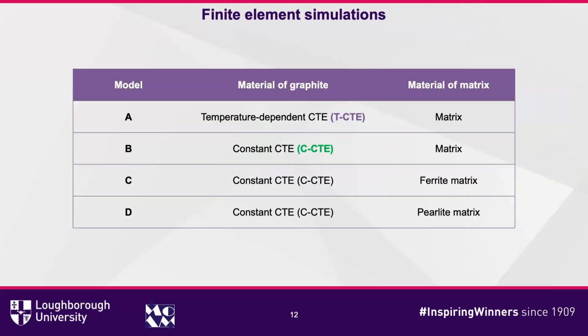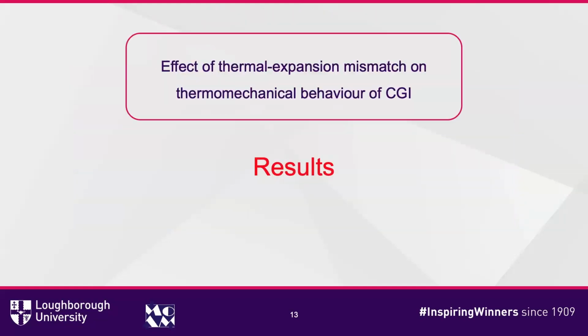And I have 4 different models. For models A and B, they have the same matrix properties but different coefficients of thermal expansion in the graphite. And another type is B, C, D. They have the same constant coefficients of graphite inclusion, but different matrix mechanical properties.